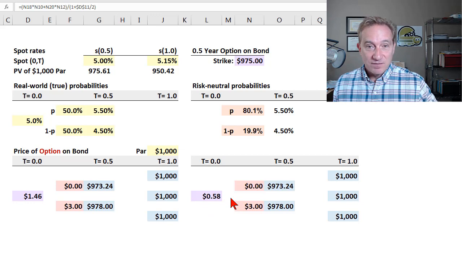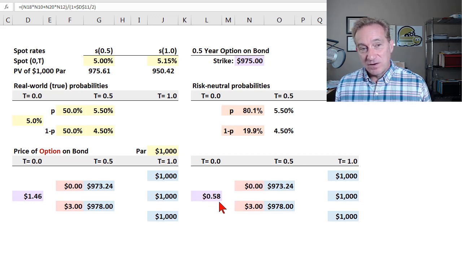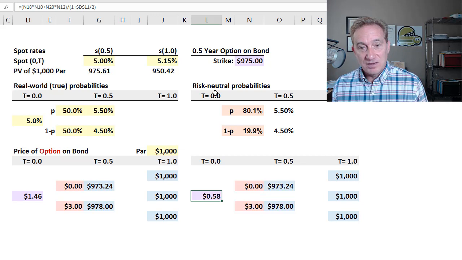And the replicating portfolio is a no arbitrage portfolio, so we could all agree it would be a fair price. And by the mechanics here, it's necessarily 58 cents as well.